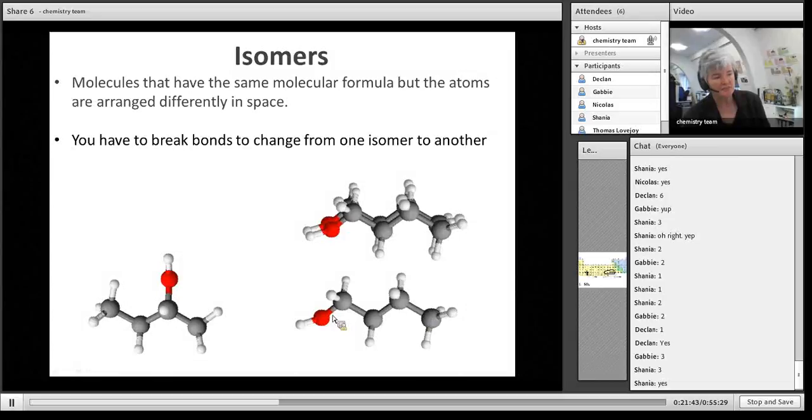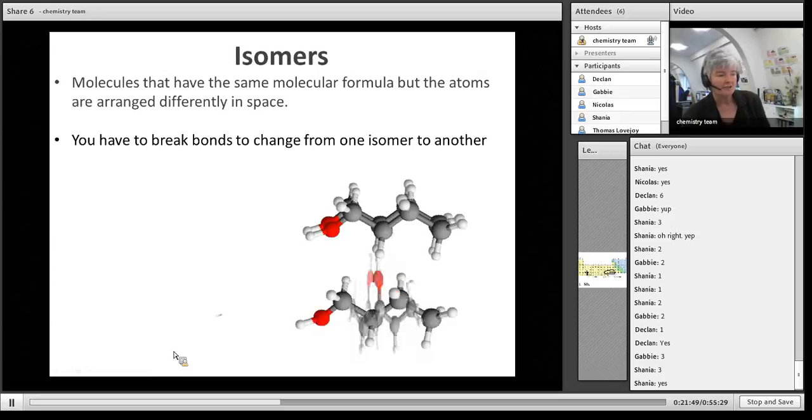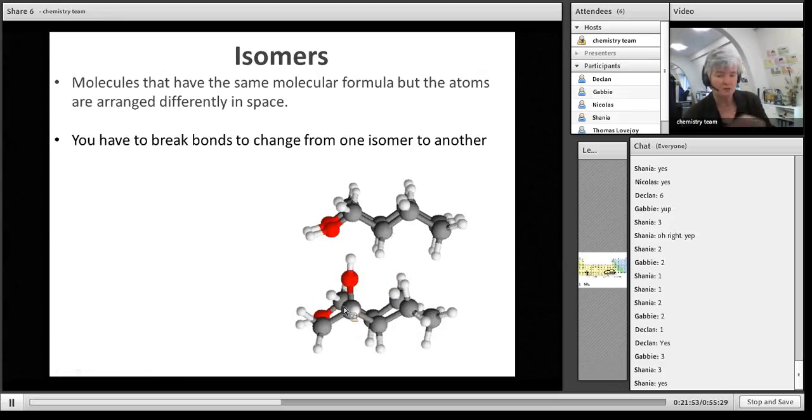But if I have this one, I think you should be able to see my OH here is on the first carbon, and here it is on the second carbon. So if I flip this around or twist things around, I'm never going to superimpose it exactly on the other one, which means it's not the same. I have to actually break this OH bond and bring it down here and take this hydrogen and bring it up there.